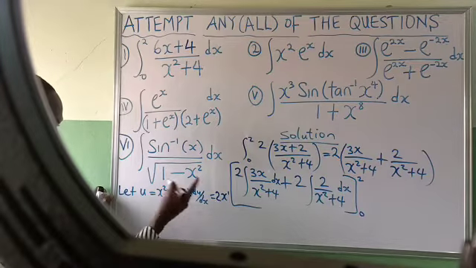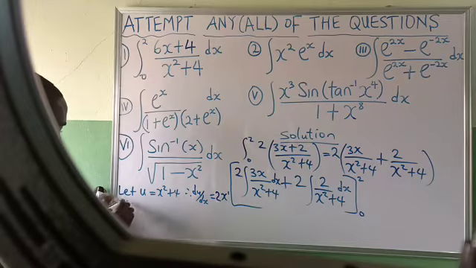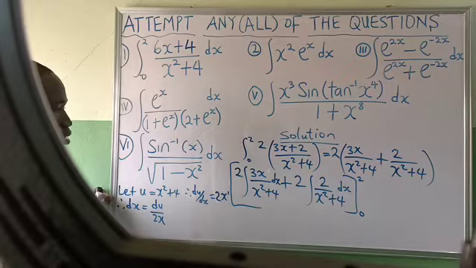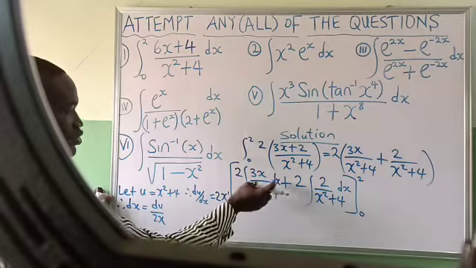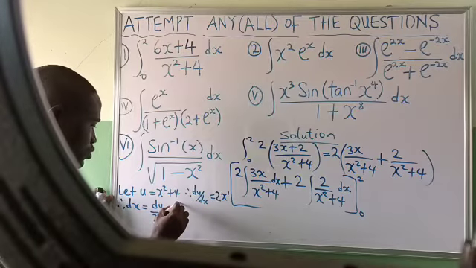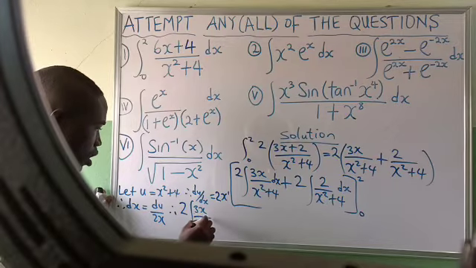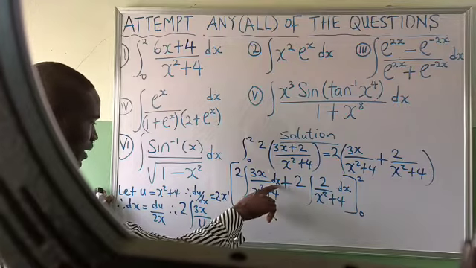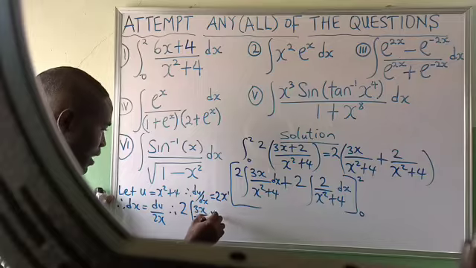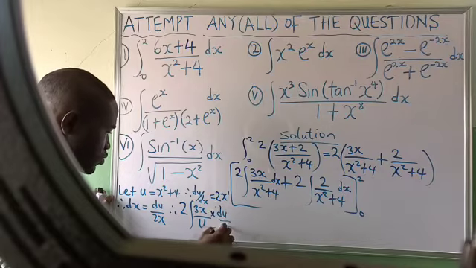Differentiating 4 gives 0. Therefore, make dx the subject of the formula, it will give you du over 2x. Use it to substitute here. Therefore, we will be having 2 integral 3x all over u, times du all over 2x.